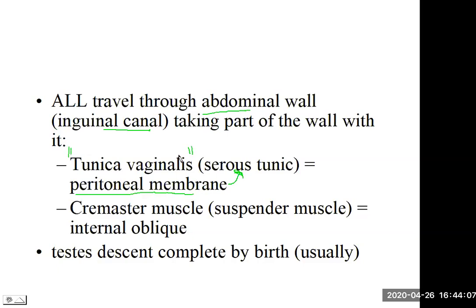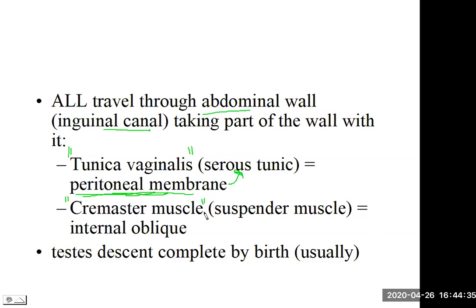So the testes has its own small serous membrane protecting it, of course. And it truly is just a small segment of the abdominal peritoneal membrane that's been pulled down into place. And the same goes for this cremaster muscle. So the muscle that could either elevate or depress the testes to raise or lower, depending on the temperature.